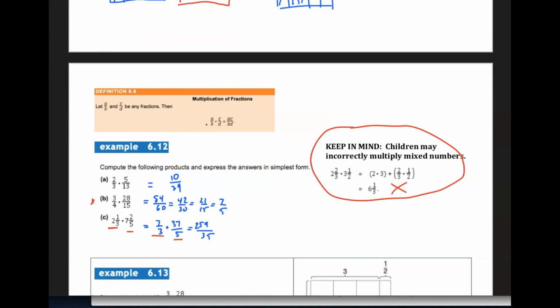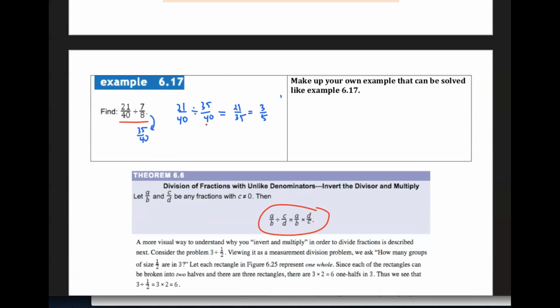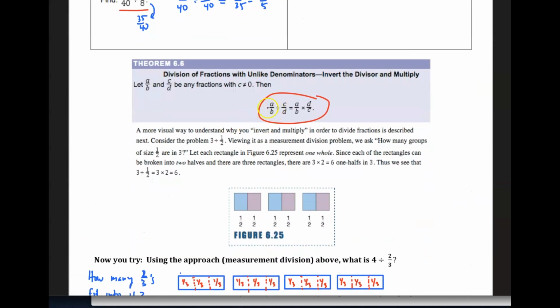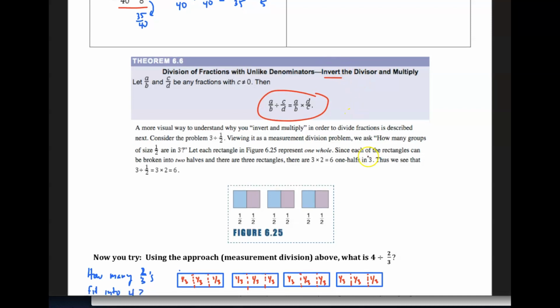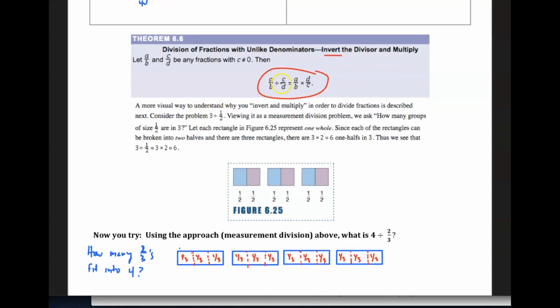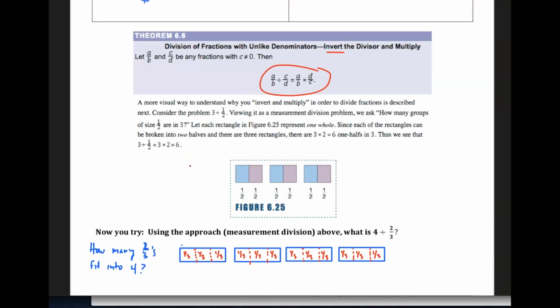But that leads us to the most common algorithm here, which is invert and multiply. You invert the second one, the reciprocal. When you invert, what we're really saying is you're making a reciprocal. And so you then have an algorithm to solve problems.